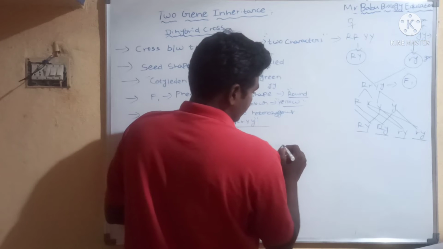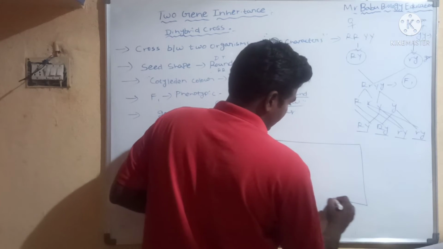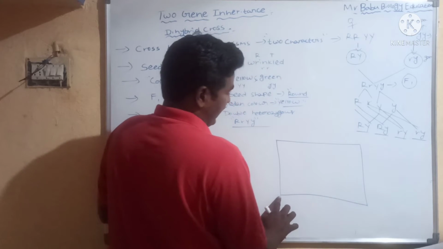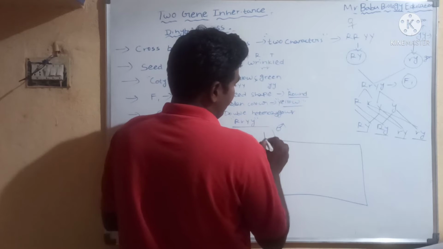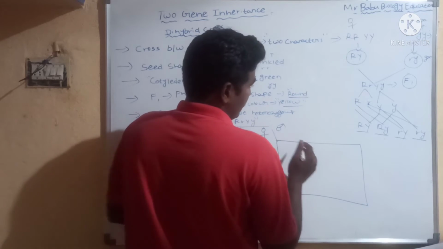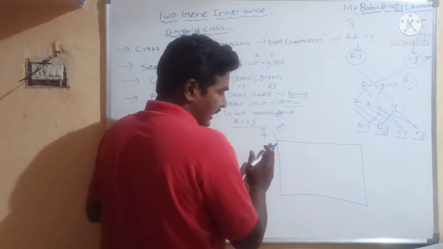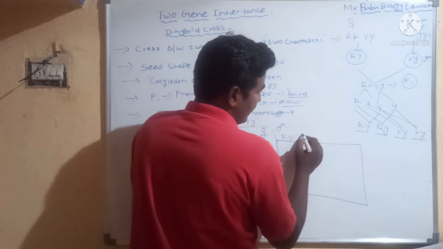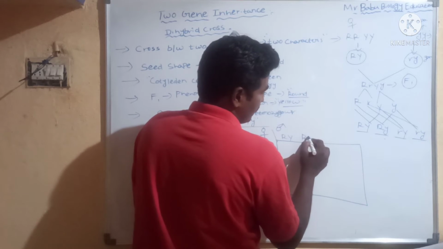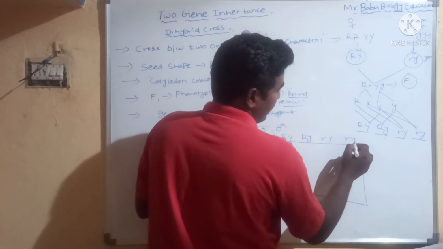Now the Punnett square, with male and female. I am writing the table form: on the left side, capital R capital Y, capital R small y, small r capital Y, small r small y.